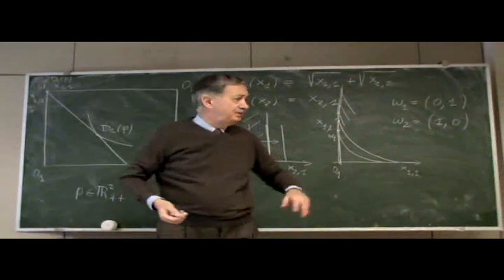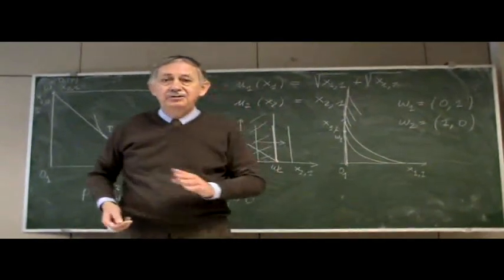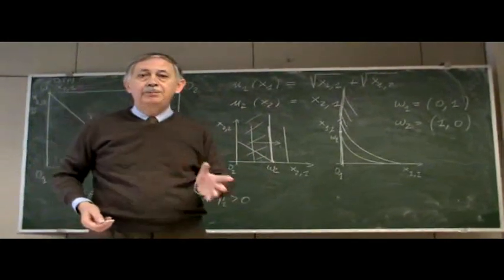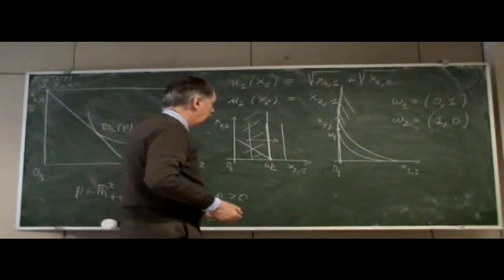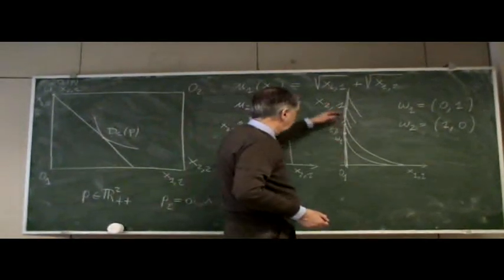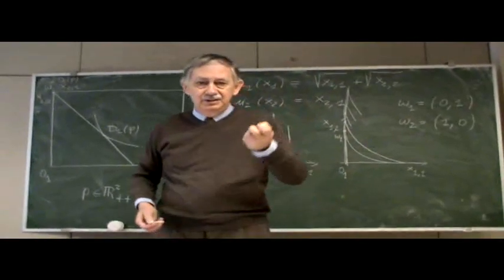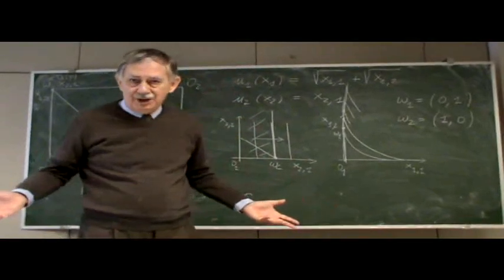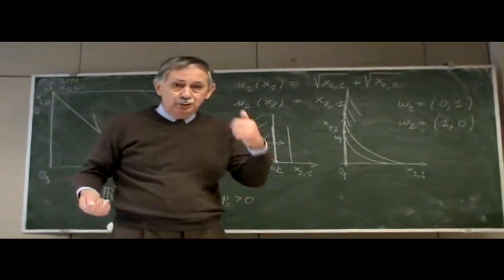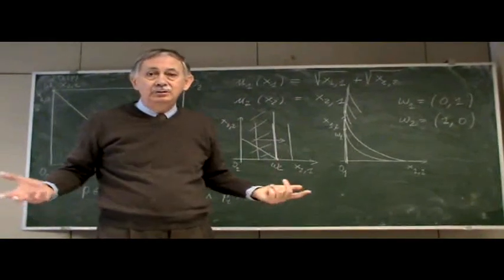Every point along this half line is indifferent to every other point. The problem is with consumer 1, because in this case there is no definite solution to the problem of constrained maximization. I repeat, since good 2 is gratuitous, is free, you can increase the quantity of good 2 as you wish. But since good 2 has a positive marginal utility, utility increases without limit.